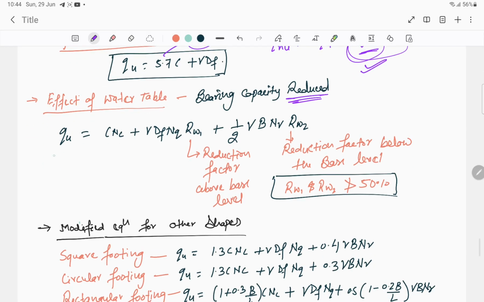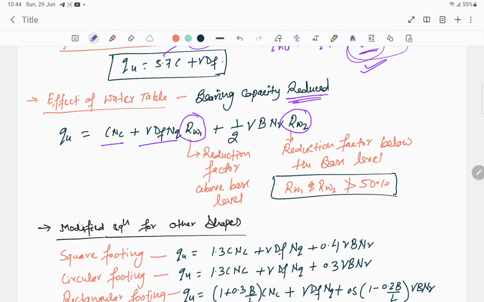So the formula for this is q = cNc + γDf Nq Rw1 + 1/2 γB Nγ Rw2. Here Rw1 and Rw2 are the water correction factors. So these two terms affect the bearing capacity of the soil if water table is there.